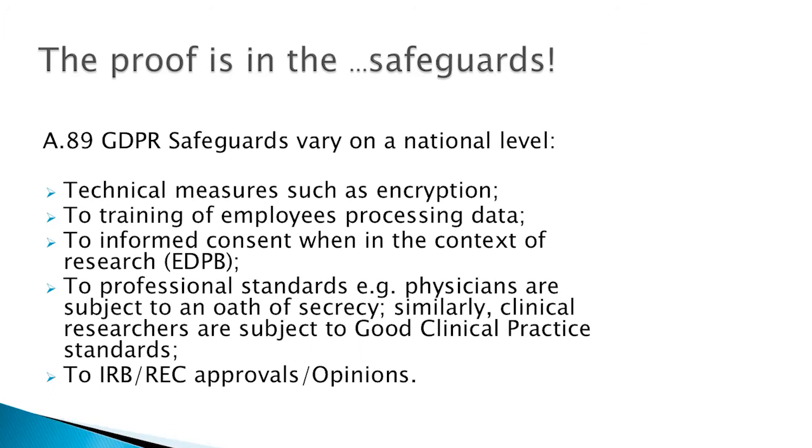As the EDPB also stated, informed consent can be seen as an additional safeguard in the context of research, to professional standards, to IRB or REC approvals and opinions. And this is quite problematic, because it is a completely different thing to have an opinion in your hands and a completely other thing to have an approval.